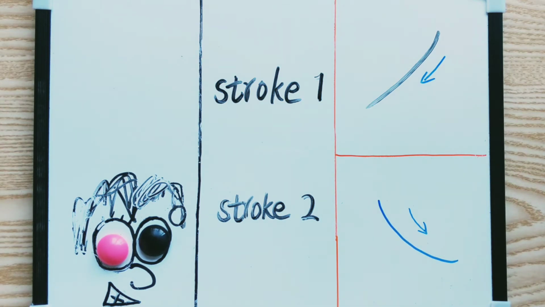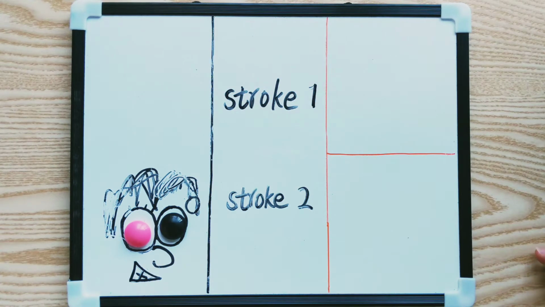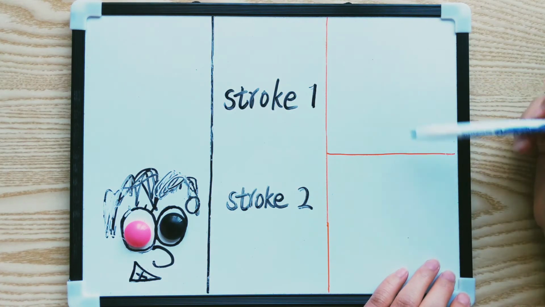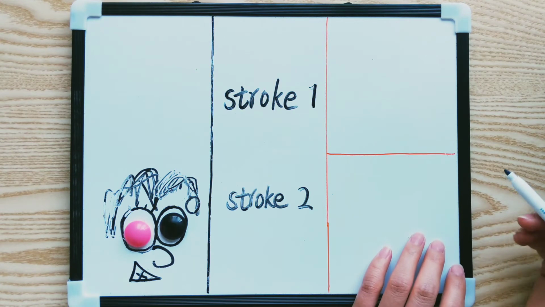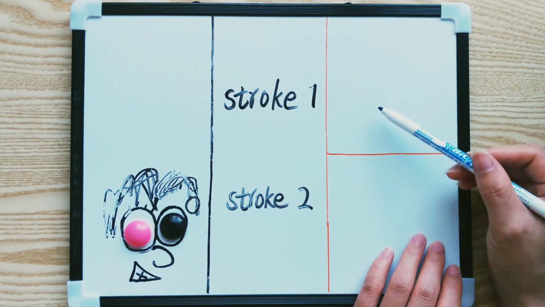Alright, so now I'm going to show you how I actually write down these two strokes. First of all, you may notice a bit of difference today. I put down two squares here, just so that it's a bit easier for you to understand where exactly the line goes.